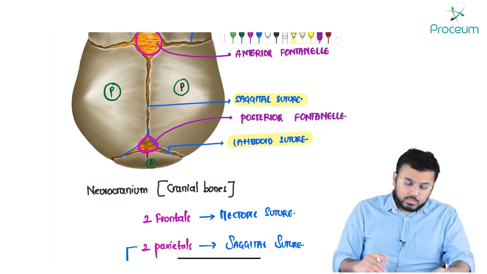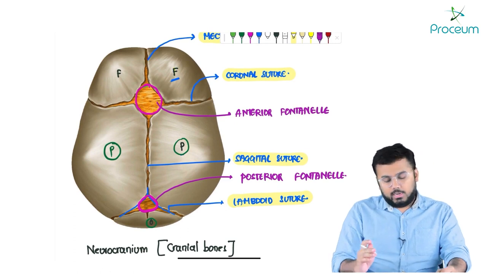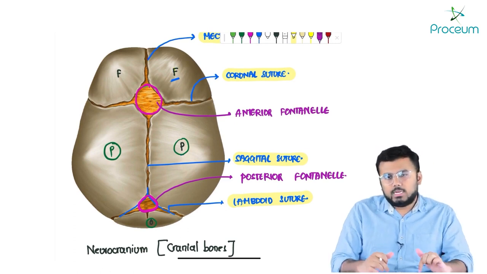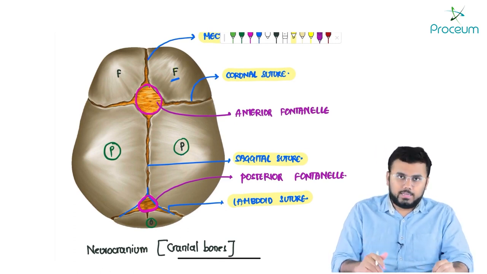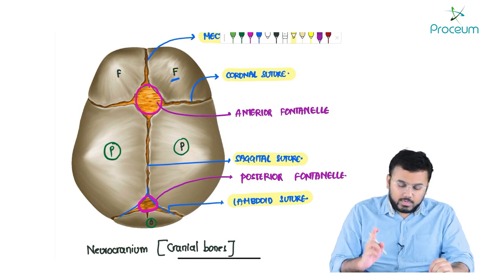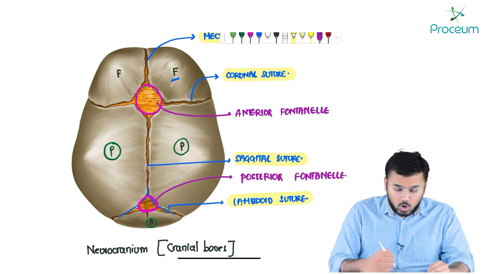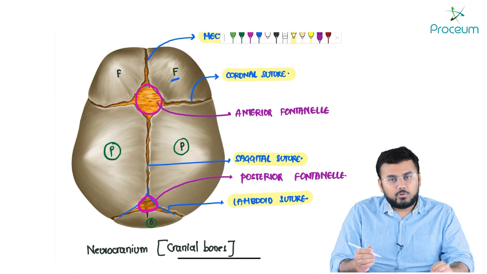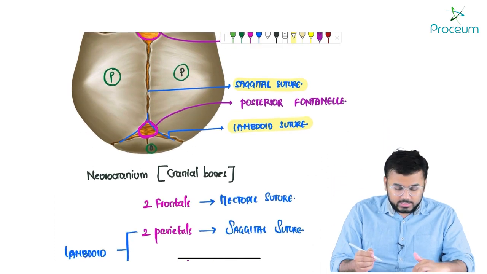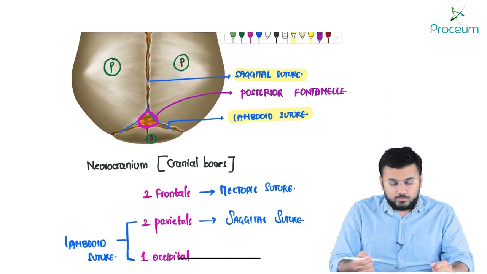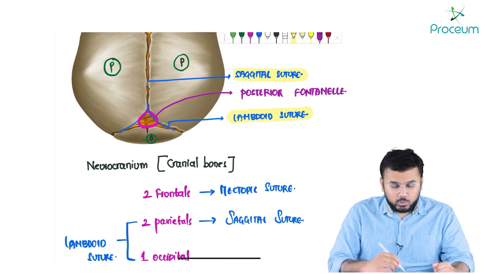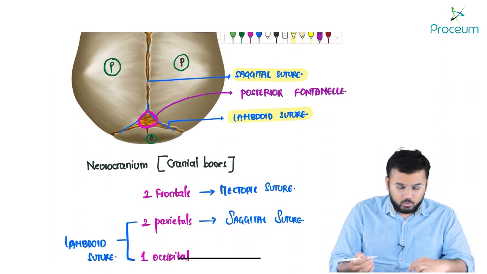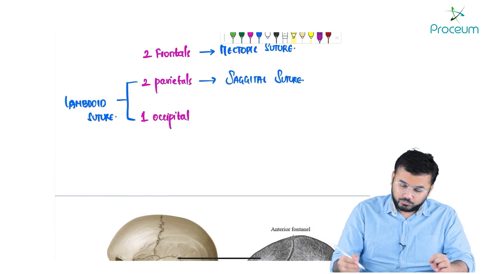Now just look at the anterior fontanelle and see how many bones take part to form it. The anterior fontanelle is formed by two frontal bones and two parietal bones. Is the occipital bone taking part in the formation of the anterior fontanelle? No. In the same way, the posterior fontanelle is formed by two parietal bones and one occipital bone. So let us write that down.